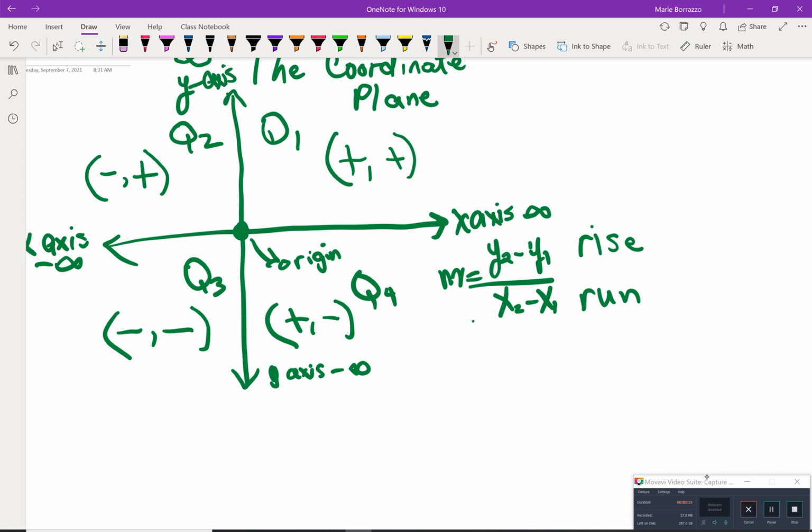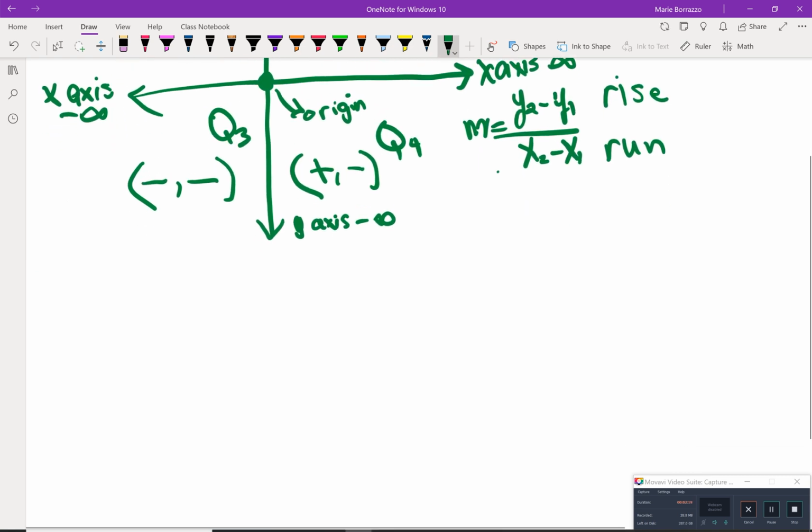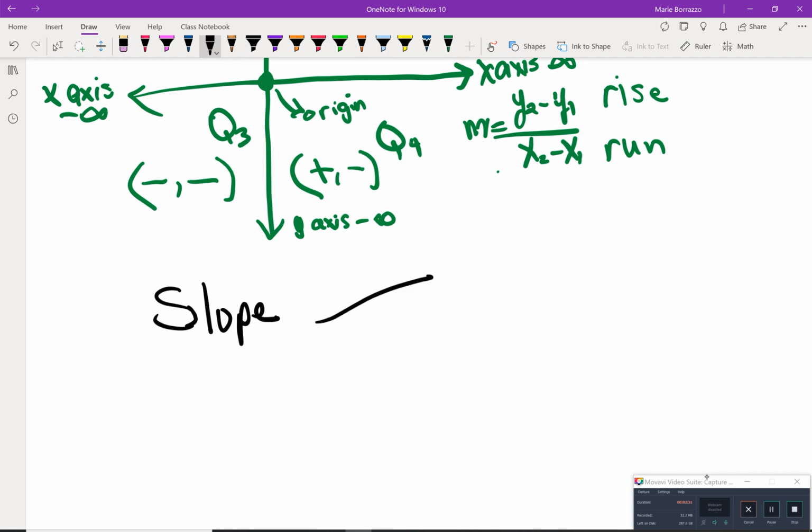Remember, with respect to slopes, so let's talk about slopes real quick, since I already mentioned that there. One of the elements of the slope is there are two types of lines. When we talk about slope, they're either parallel lines, and if they're parallel lines, they have the same slope.